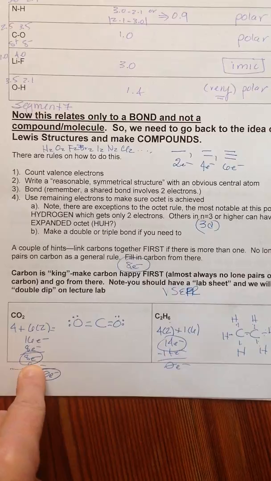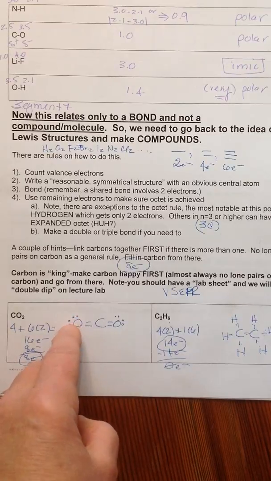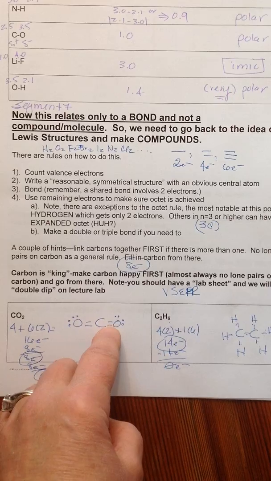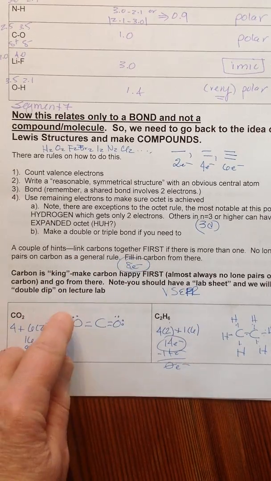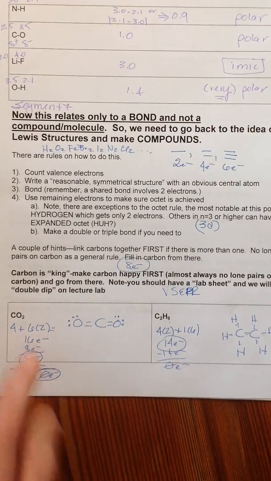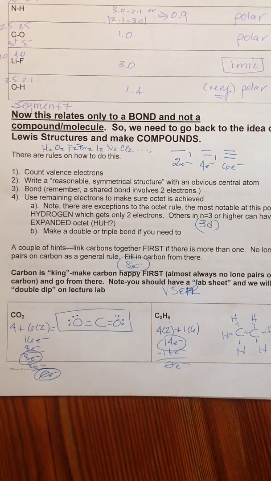That gives you 8 electrons remaining, so the smart thing to do is to put 4 here and 4 here. 2, 4, 6, 8 on the oxygen, 2, 4, 6, 8 on the carbon, 2, 4, 6, 8 on the oxygen, so everybody has its octet. 2, 4, 6, 8, 10, 12, 14, 16, those are the 16 electrons that you began with, and so this is your Lewis structure of CO2.